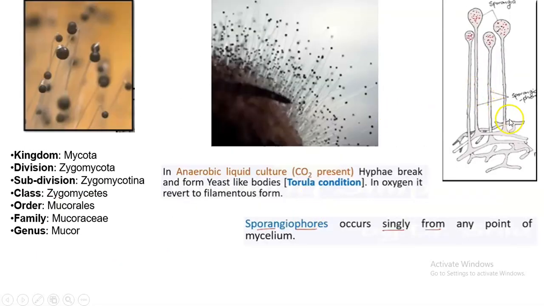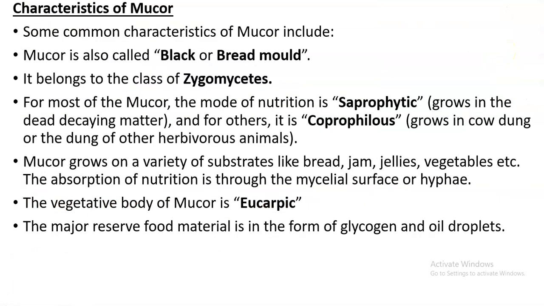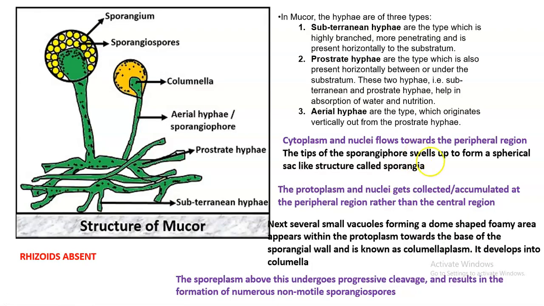If the thallus is differentiated into a vegetative structure, the prostrate structure, and a fertile structure, the erect structure, then it is called eucarpic. These are the characteristics. And the major food material is in the form of glycogen and oil droplets. It's not starch.